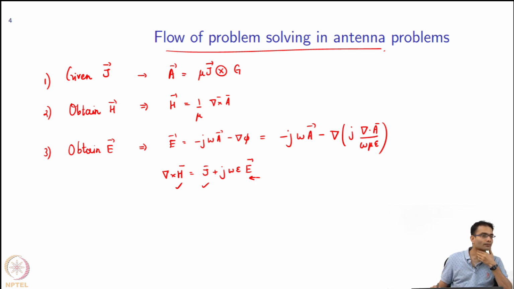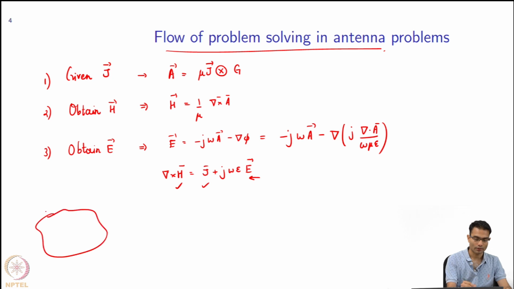Uniqueness theorem. No, okay. First of all, the statement of the uniqueness theorem was not that if I know epsilon and mu, the fields are unique. The statement of the uniqueness theorem was that if I know the tangential E and H fields, or some combination thereof, over a closed contour, then I know the fields everywhere and they are unique. So, it is not enough for me to just know epsilon and mu. There are infinite possible fields given free space, for example.